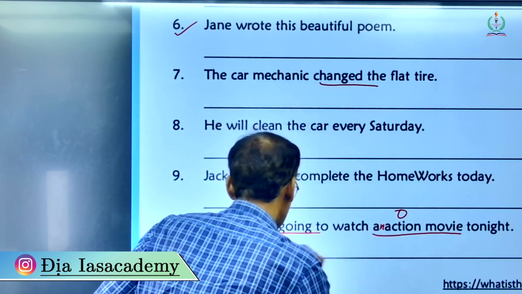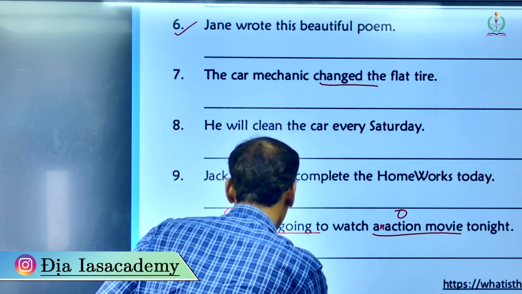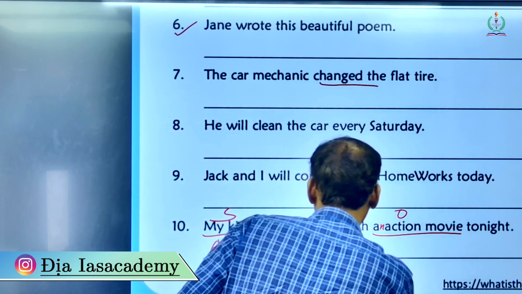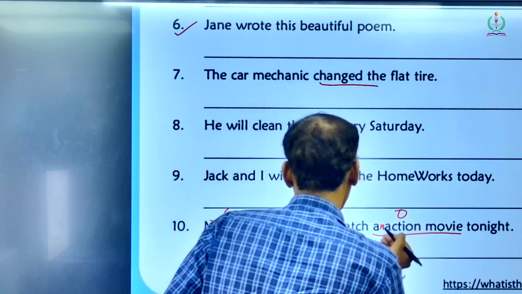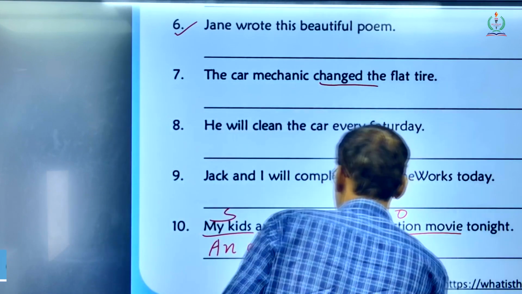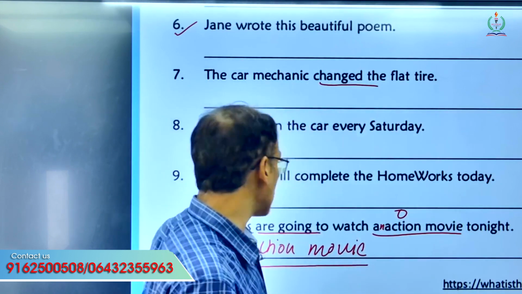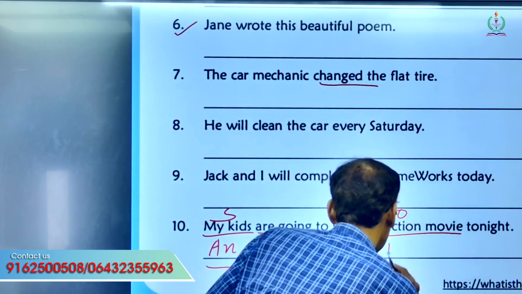Here, since we are using an action movie, the object of the sentence becomes the subject as per the rule. Now, since an action movie is the subject in singular form, that's why are becomes is.